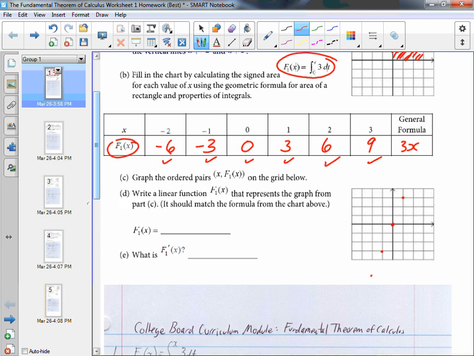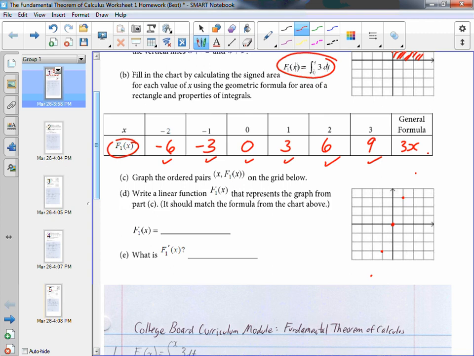All right. Are they going to have us connect these? 2, 6, 3, 9. So something like that. And since our formula or our antiderivative is 3x, well, it should be a line, right? Y equals 3x. So mine's almost a line.